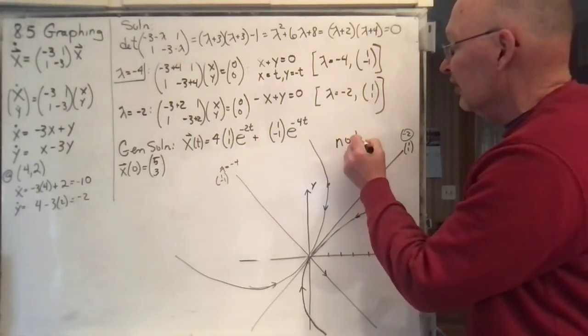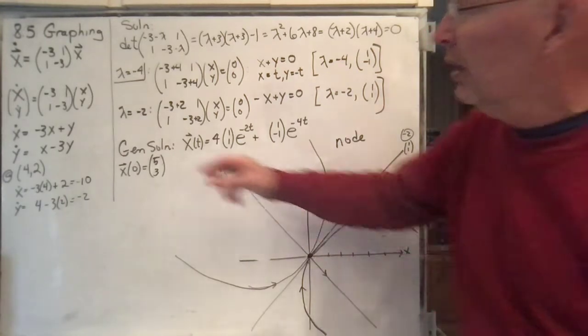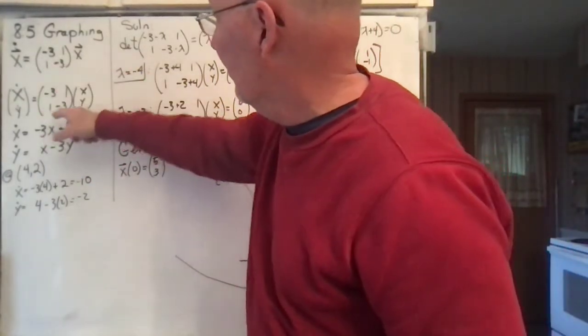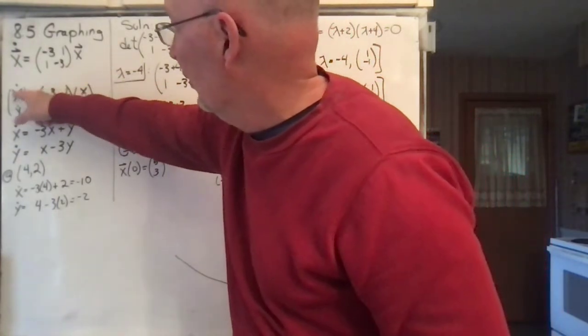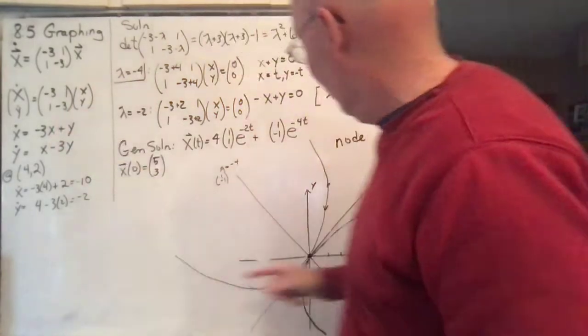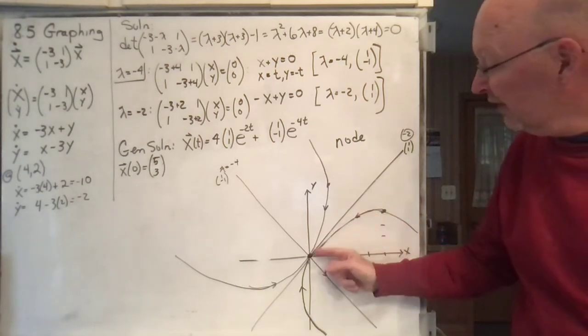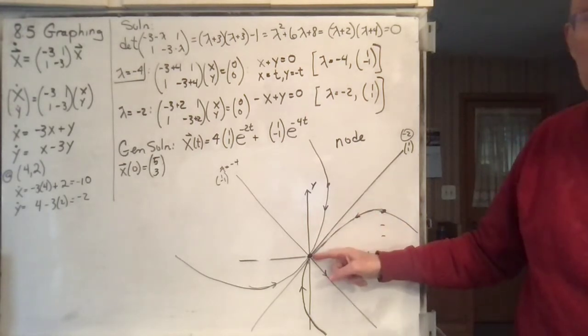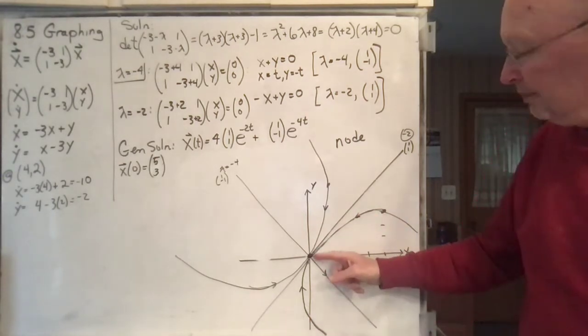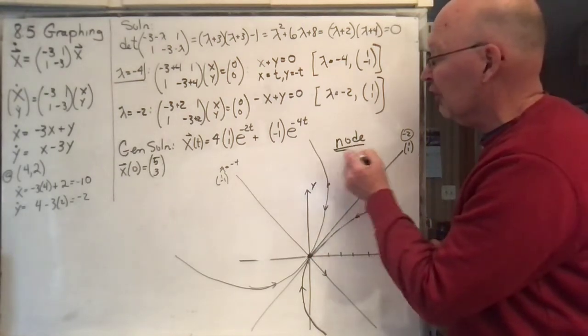This is a fixed point because right there at 0, 0, the derivative x prime is going to be 0 and y prime is going to be 0, which means there's no movement. So if you start off at that point, you're not moving at all. If you start right there, you just stay there. So that's called a fixed point. This particular kind of fixed point is called a node.